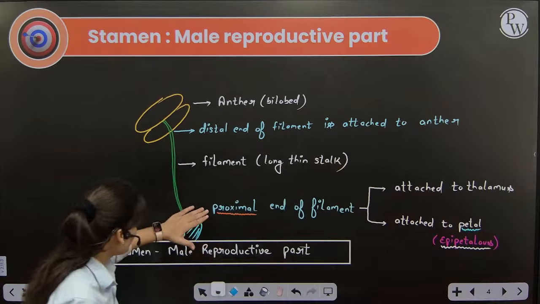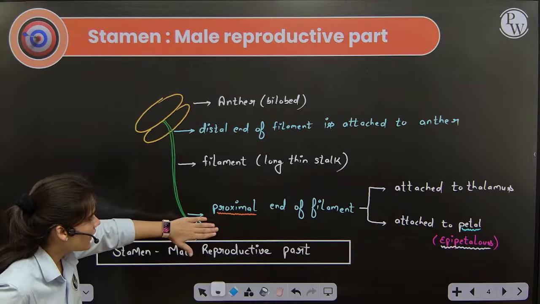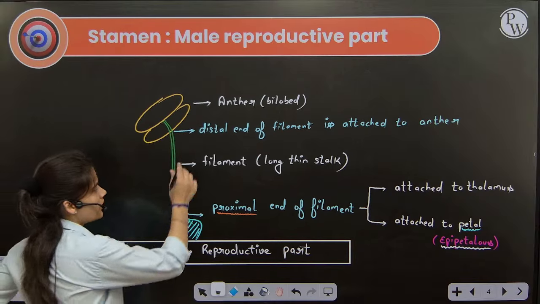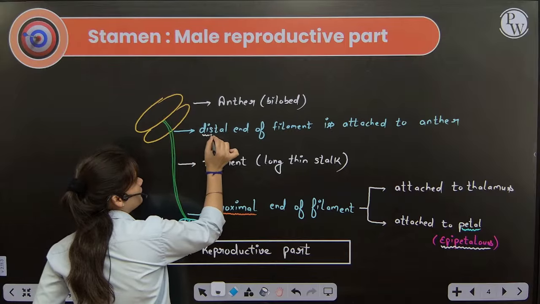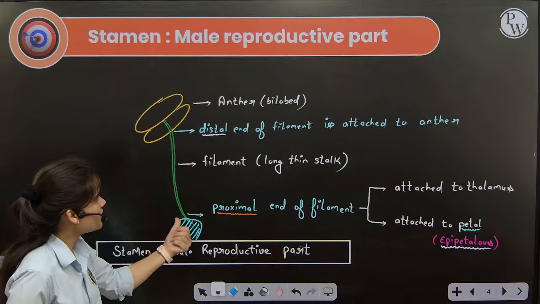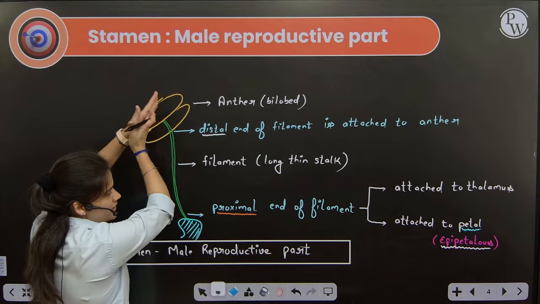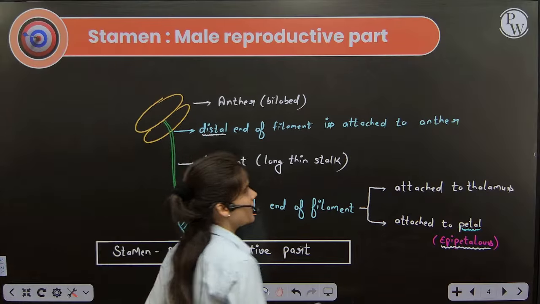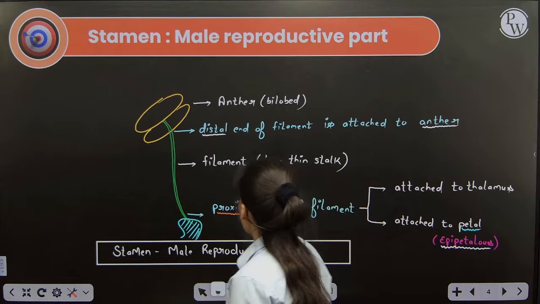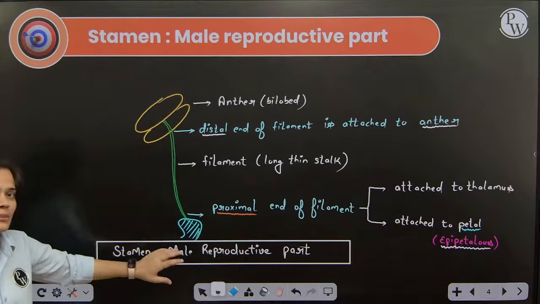Now, if this end is proximal end, then opposite to proximal end, which end is present? Distal end. Distal end of this filament is attached to this terminal bilobed structure, that is anther. Stamen is the male reproductive part.